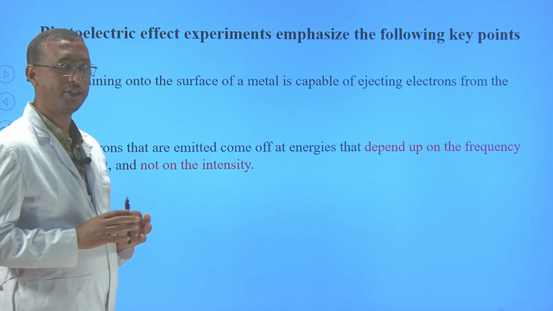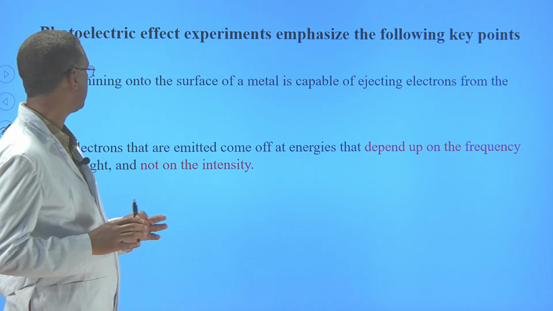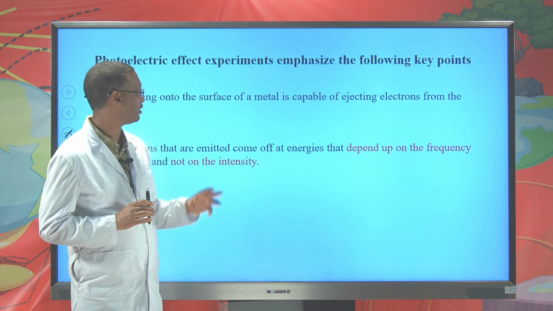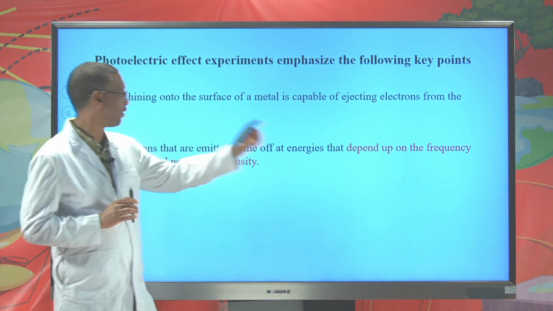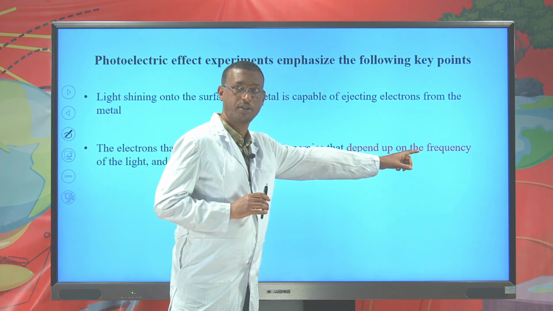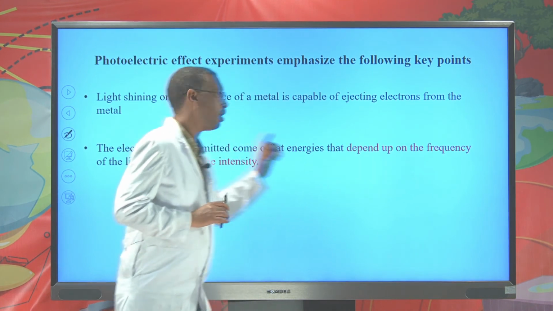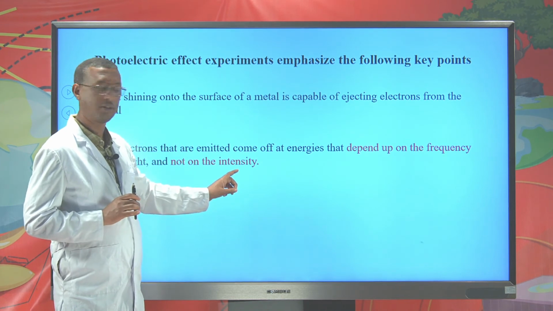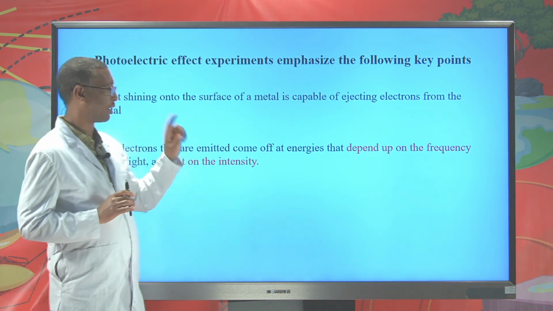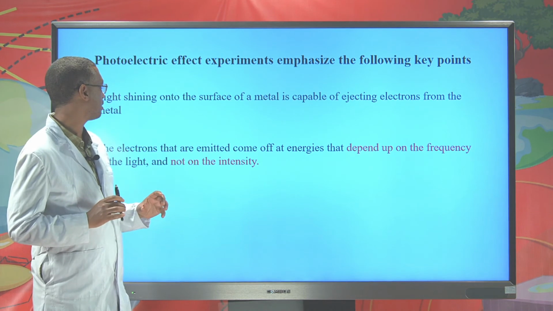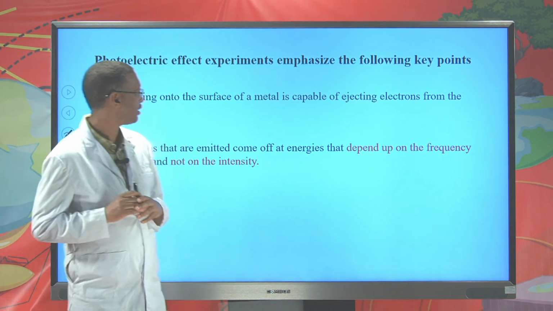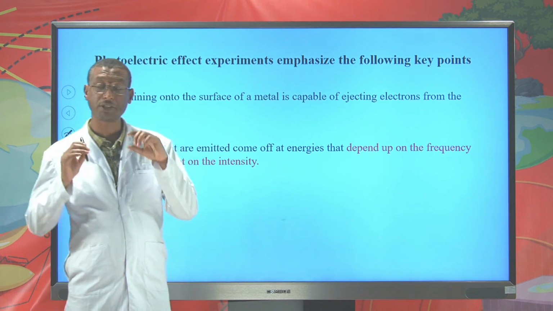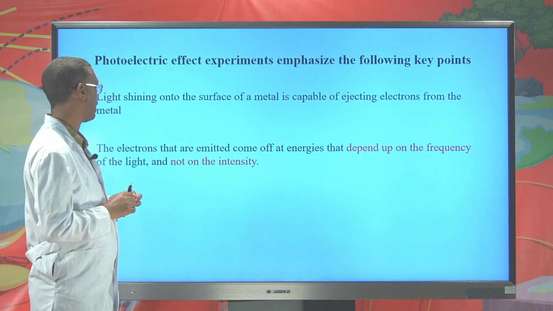The second one is the electrons that are emitted come off at energies that depend on the frequency. This is very important. It depends on the frequency, but not on the intensity of the light.